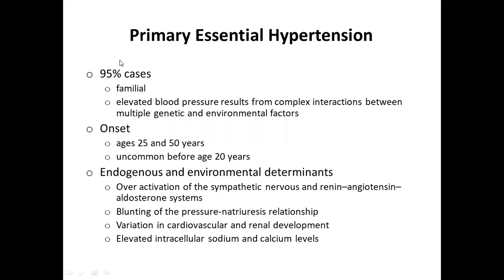Basically, it's due to overactivation of the sympathetic nervous system, as well as activation of the renin-angiotensin system. Similarly, there is blunting of some physiological responses, and some renal development issues can also cause essential hypertension.